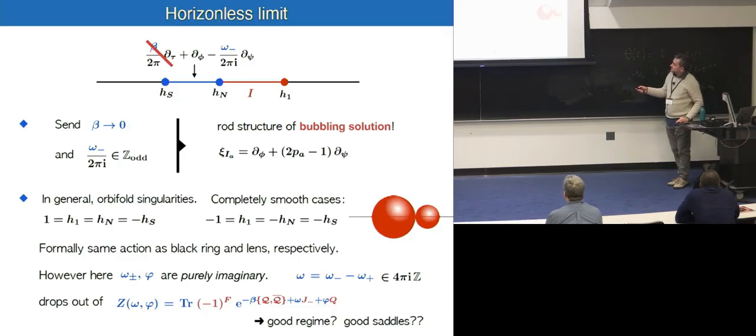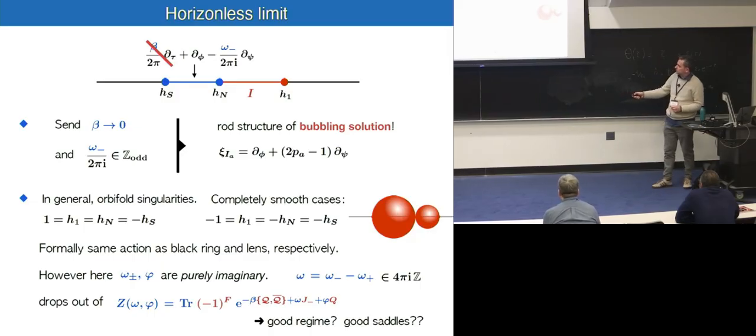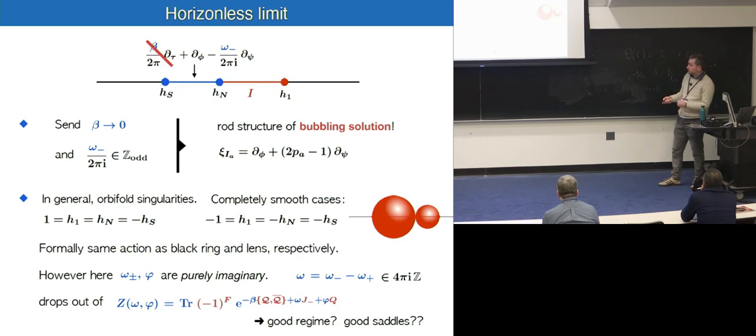In general, again, these solutions have orbifold singularities. However, there are also completely smooth examples, as was emphasized first by Bena and Warner. We just need to fix the parameters in a certain way, as described here. So formally, these solutions have the same action as the black ring and black lens, but they are in this regime of the chemical potentials where, if you take the Legendre transform, the entropy vanishes.